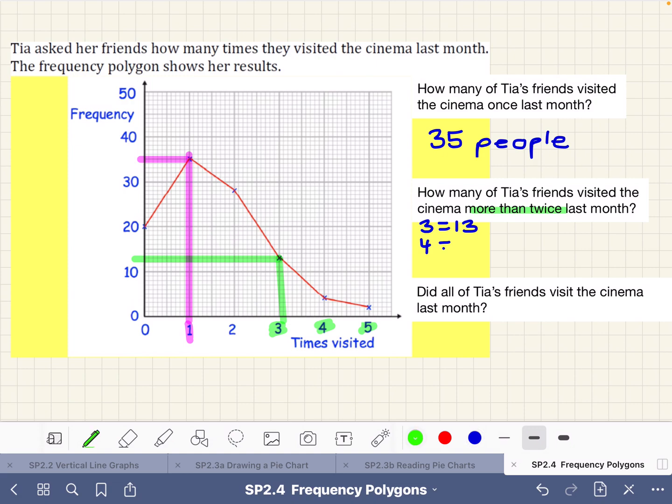4 is equal to, up to this axis and across to the frequency, we can see that is 1, 2, 3, 4 people. And lastly, those who went 5 times, we go up to the point and across to the frequency, and we can see that is 2 people.